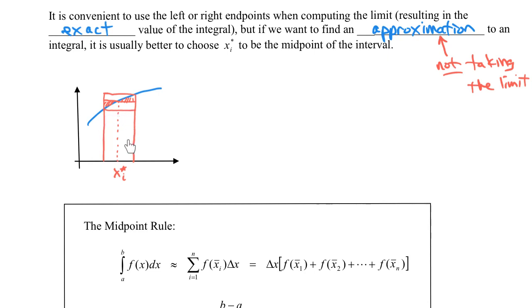So we're going to be missing a lot, we're going to be way under. Now if we use a right-hand endpoint, we come up here, we're going to use this big rectangle, so we're going to be a little bit too high, right? It's going to be too big. So if we use the midpoint, we'd come up here, we'd hit at this point. At that point, we go with the height.